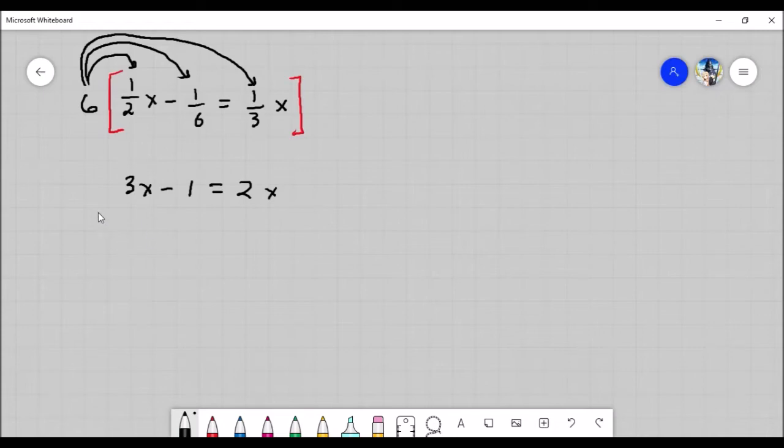So the opposite of positive or plus 3x is minus 3x. So I need to minus 3x on both sides of the equation. And the reason why we're doing it on both sides of the equation is because it's an equation. Things have to stay equal. It has to stay balanced. So whatever you do on one side, you got to do it to the other.